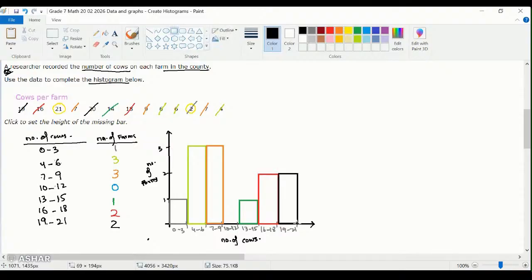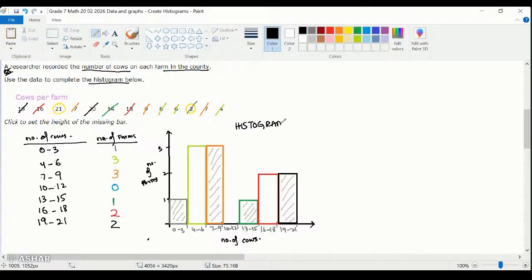Okay. So this histogram shows us the number of farms having a certain number of cows on them, right? Agreed? And we do the shading. So we can say this is a histogram in which it was our choice to consider the gaps.